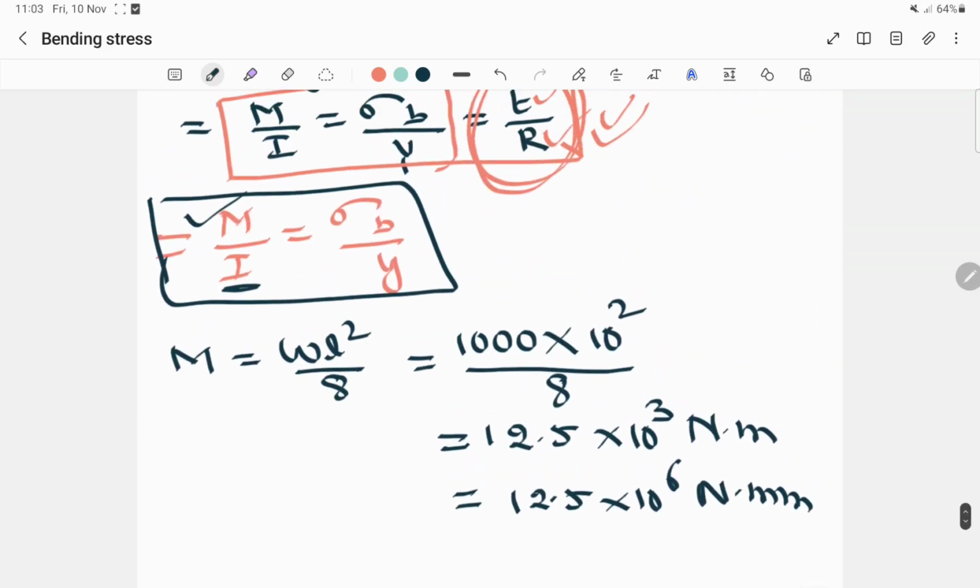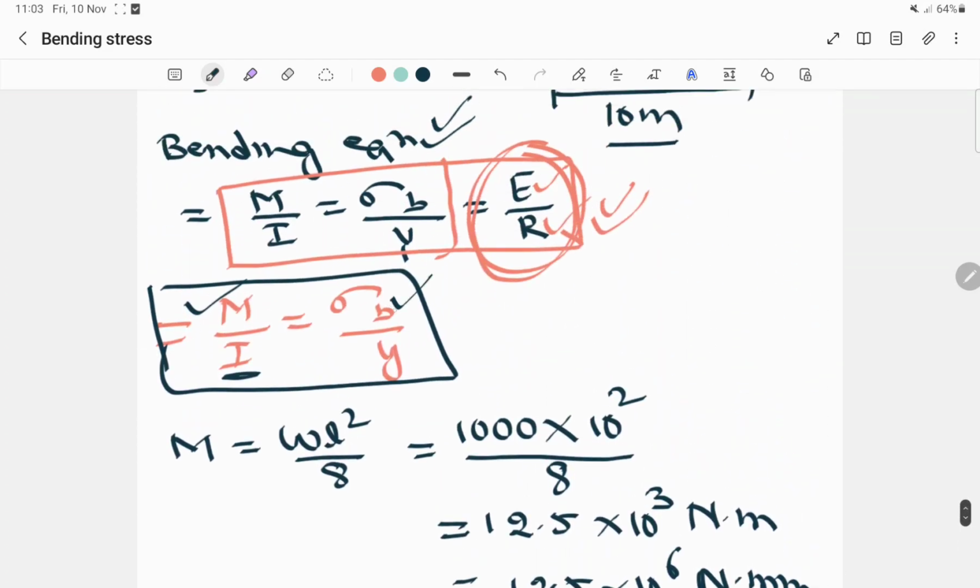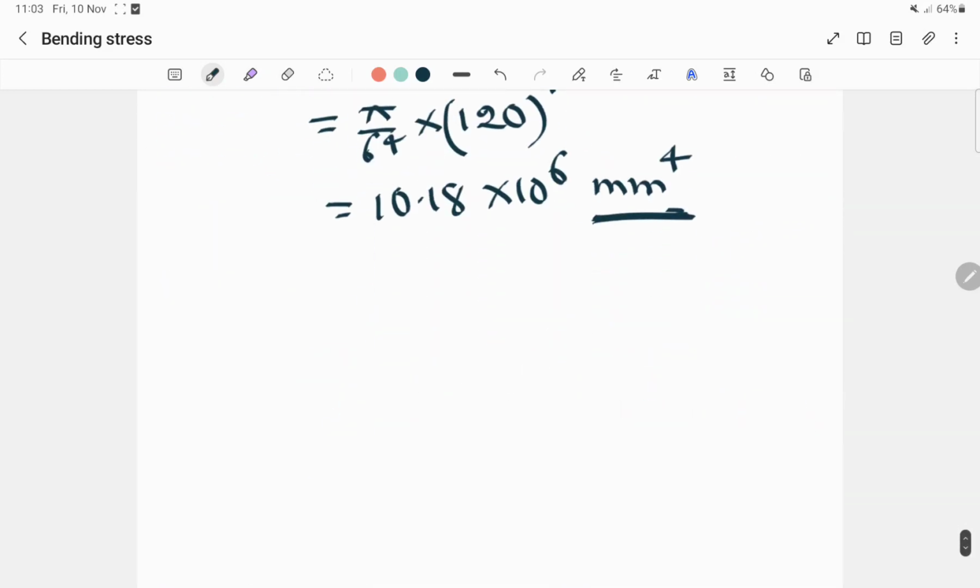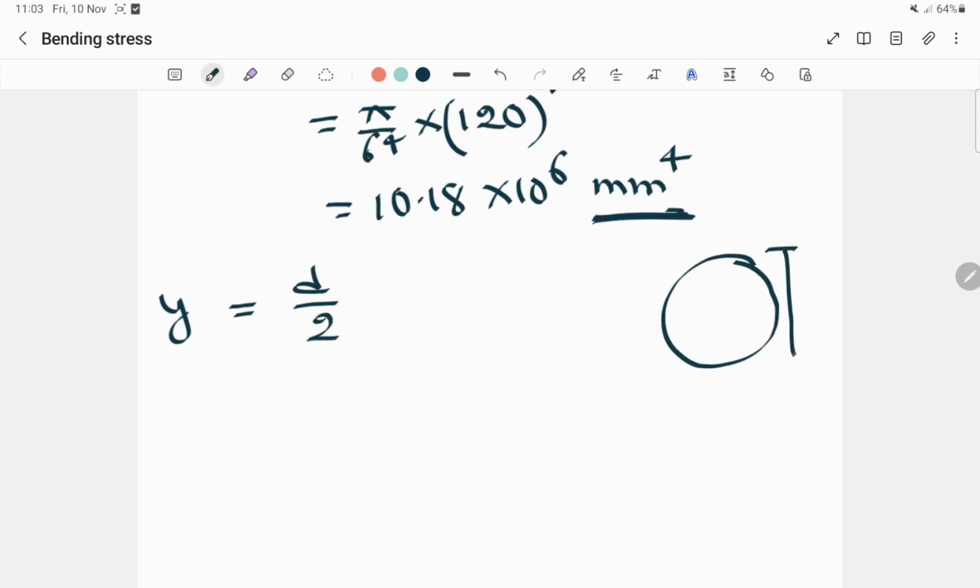Now next we need to find the value for sigma B. So our next step is to find the Y value. Here y is equal to d by 2. It's given in the question that the cross section diameter is 120 mm.